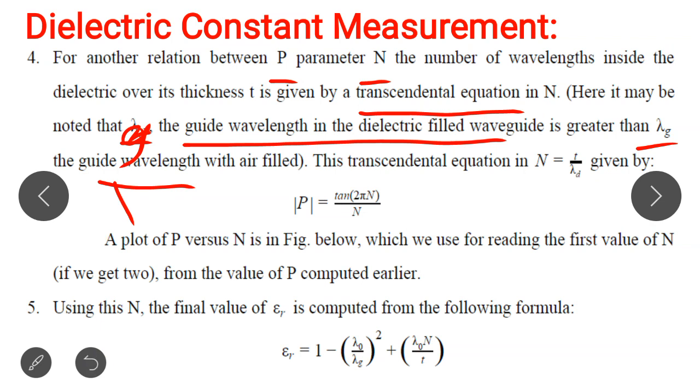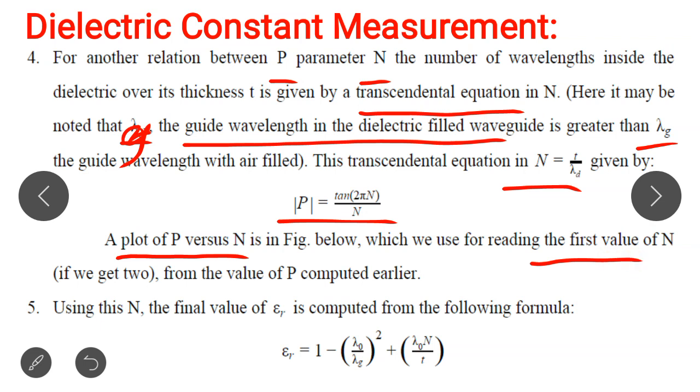Now this transcendental equation in N, equal to T by lambda d, is given by mod P equals tan of 2 pi N divided by capital N. From the plot of P versus N in the figure, which is used for reading the first value of N, we get N from the value of P computed earlier.